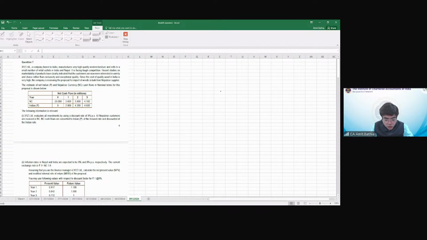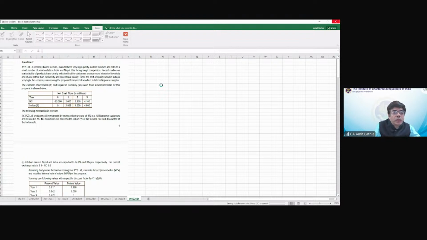Since the cost of quality wood in India is very high, the company is reviewing the proposal for import of wood in bulk from a Nepalese supplier. The estimate of net Indian and Nepali currency cash flows in nominal terms for this proposal is shown below.